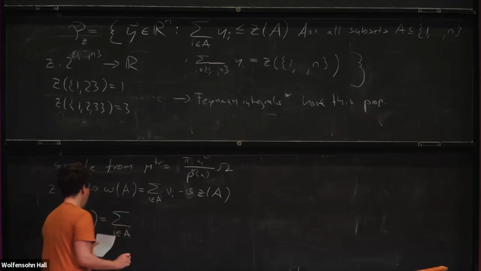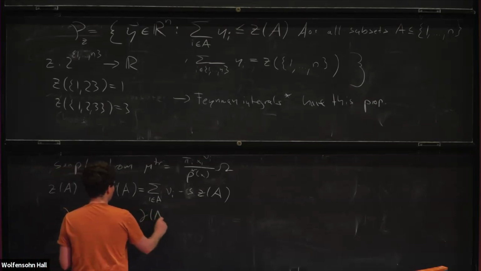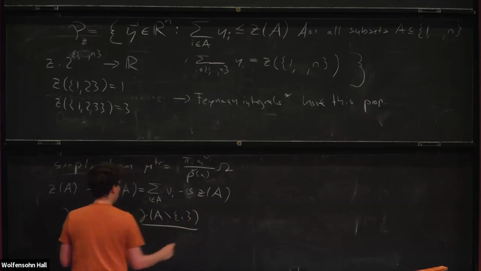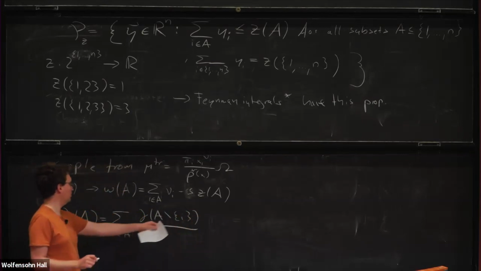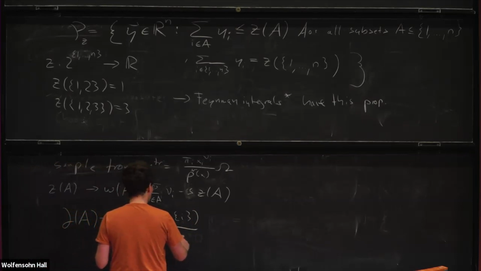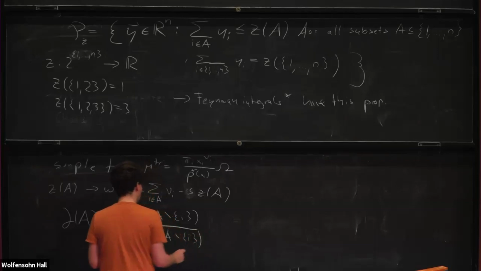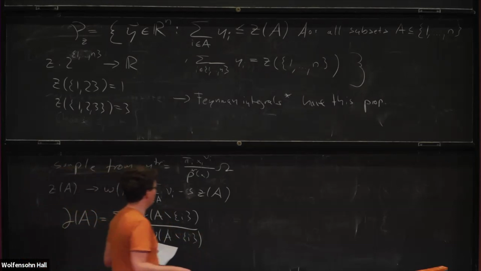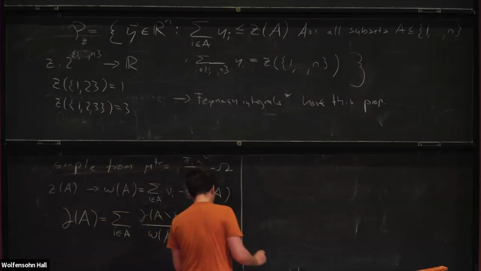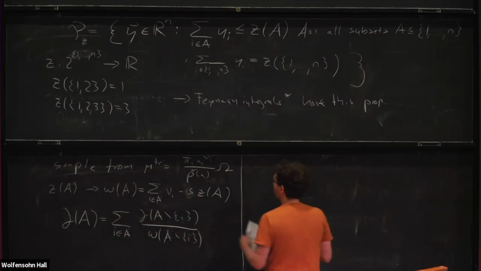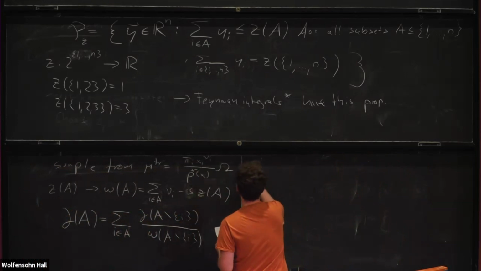We sum over all the elements of our subset, and recursively we take the subset where we remove one of the elements, and we divide by omega of A with this subset again removed. And then there's a nice algorithm to sample points from this measure.